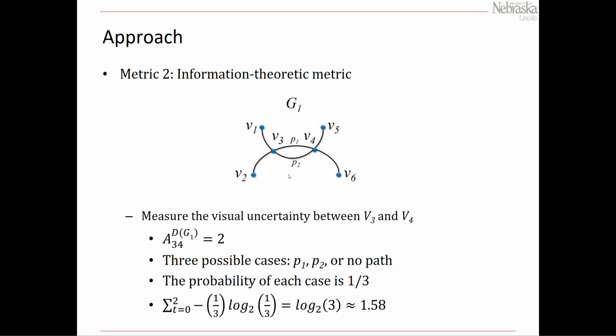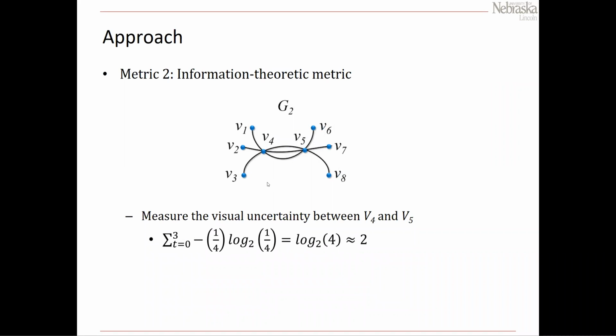But given this visualization, essentially there are 3 possible cases for us to interpret the connection between V3 and V4. There's one path, P1, or another path, P2. The third possibility is there may not be any connection between V3 and V4. So each possibility is 1/3. Then we plug this number into the previous equation, and we can see the conditional entropy is 1.58.